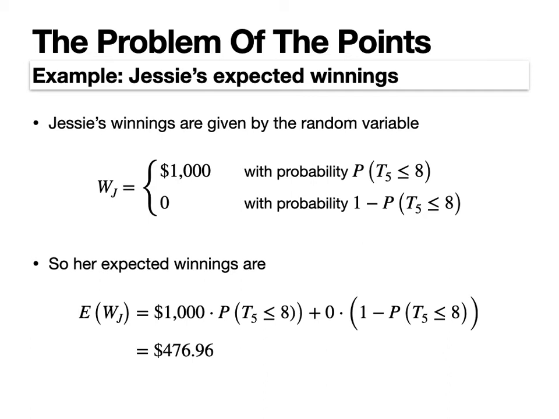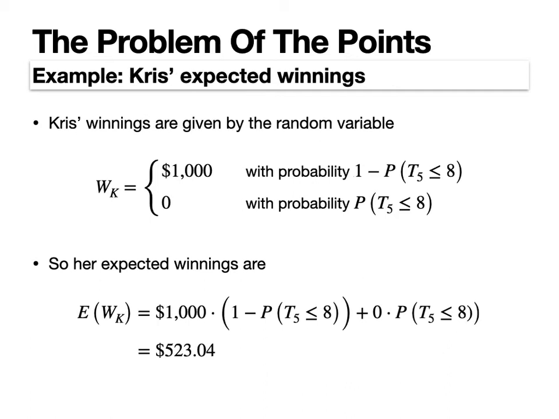So her expected winnings are just the product of the value times the probability that value occurs, summed over all possible values. So you see it there, 1,000 times the probability that she wins plus 0 times the probability that she loses, and that turns out to be about $477, actually $476.96.